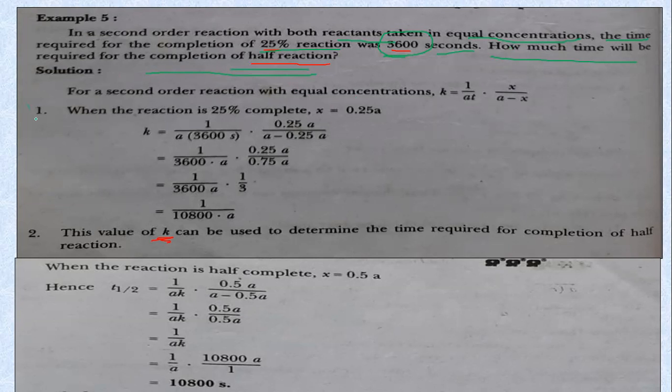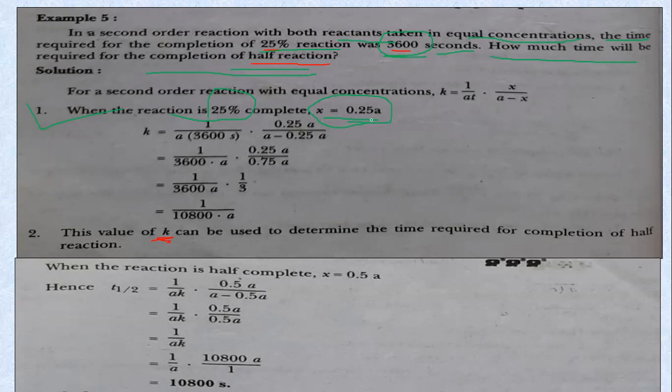See now, what have they given us? The reaction is 25% complete, and the time required was 3600 seconds. So the concentration of product, when the reaction is completed to 25%, is 0.25A.